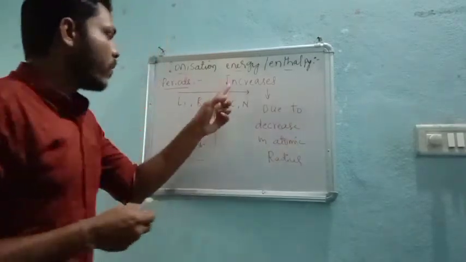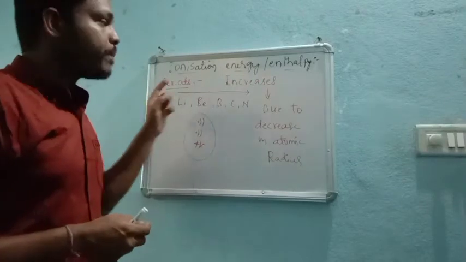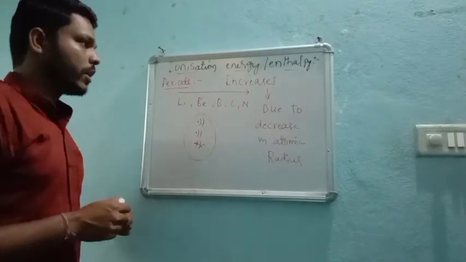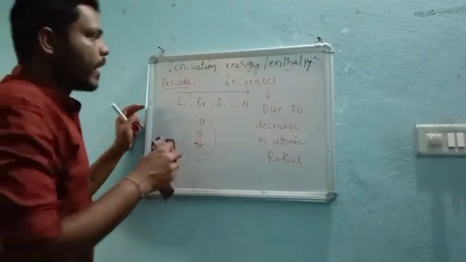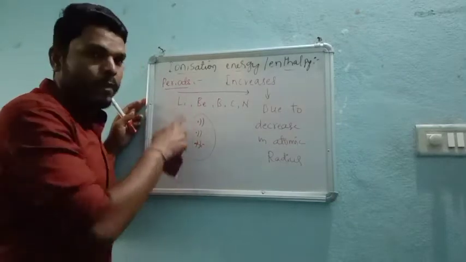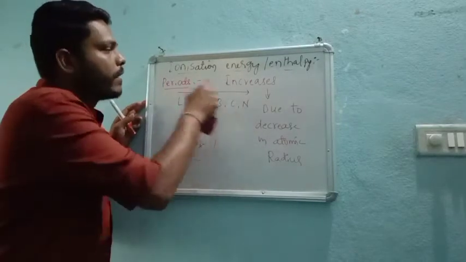That's why in the period the ionization energy is increasing, right? So this is all about ionization energy: in a group it decreases, and in a period it increases.